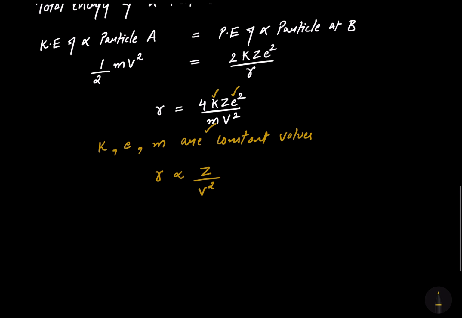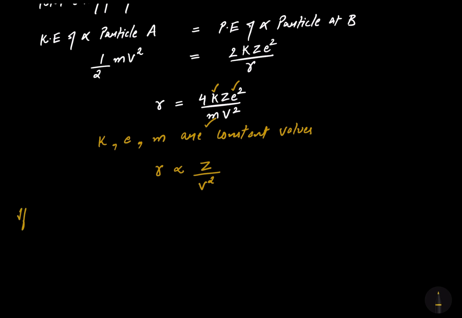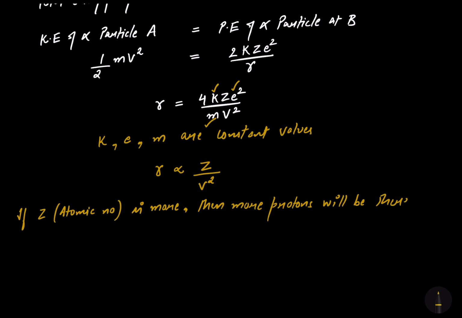So it proves that if Z, that is atomic number, is more, then more protons will be there, so more will be the effective radius of nucleus.